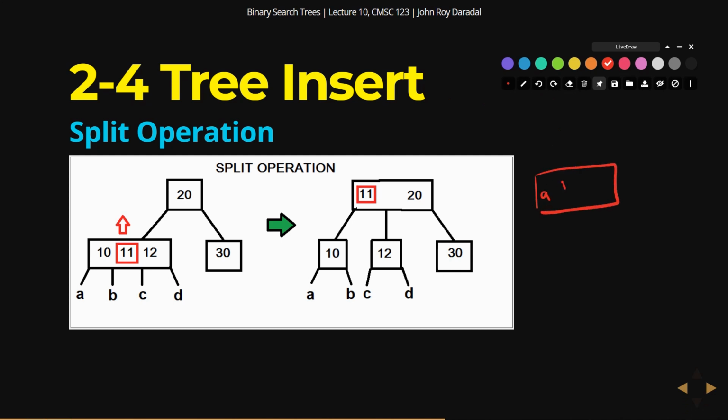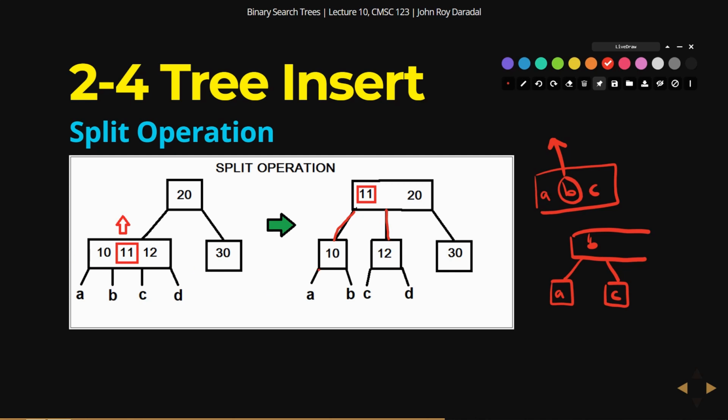So from a 3 node, you have A, B, C. B gets elevated to the parent, so B will be already part of the parent, and then the remaining 2, A and C, would become 1 nodes, wherein the link would be like this. After elevating this middle key, you still have the links to these 2 children.